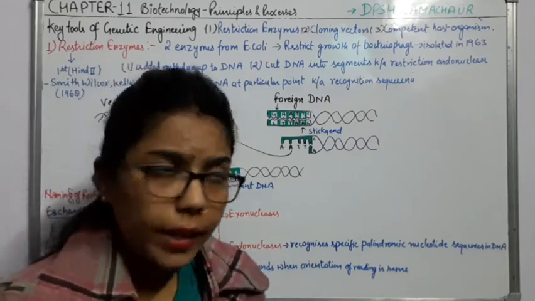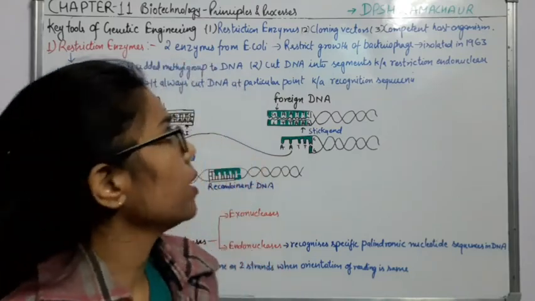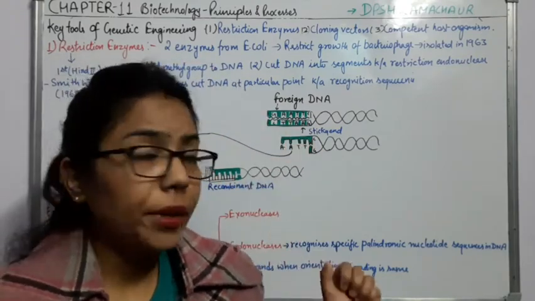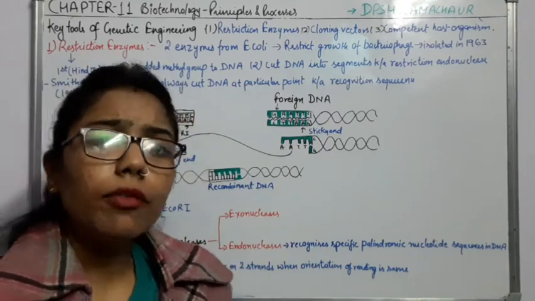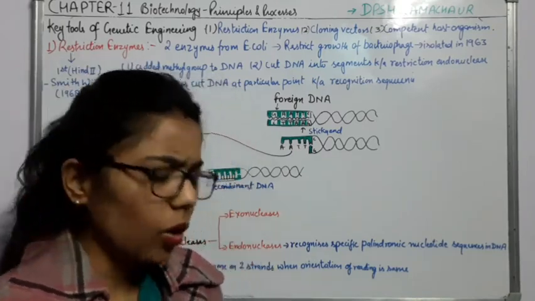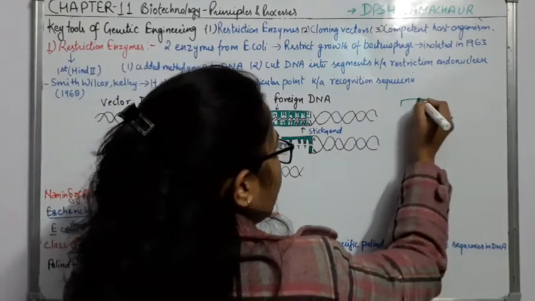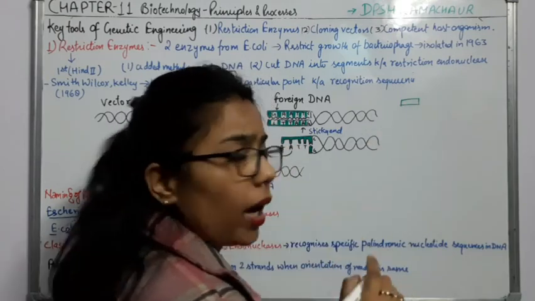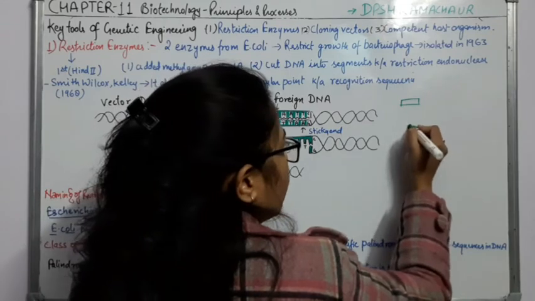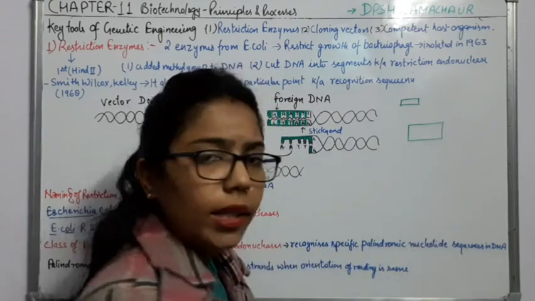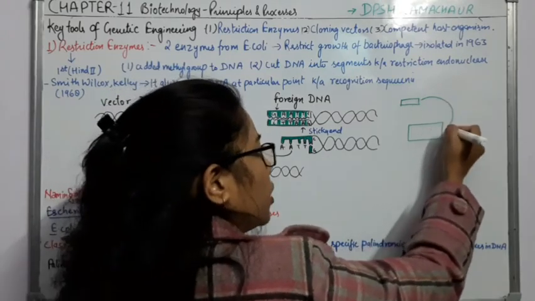Already we have discussed them: restriction enzymes, cloning vectors, and competent host organisms. What does it mean? If I have to transfer any gene of interest, which I acquired, and incorporate it in any host organism, I want it to be moved from here to here.